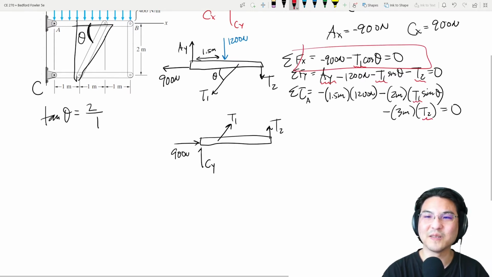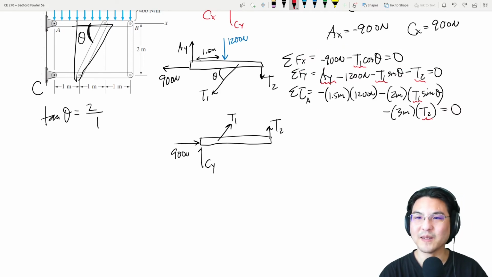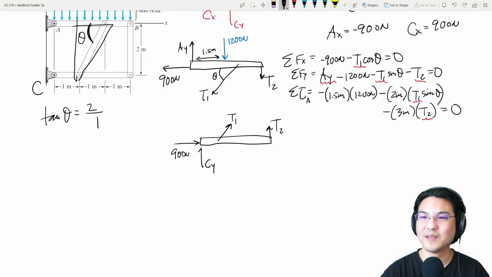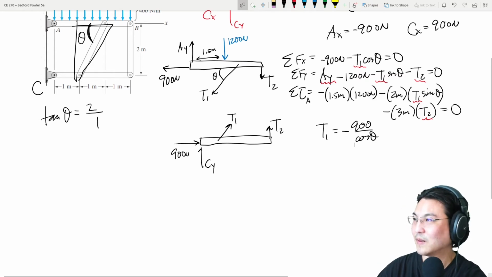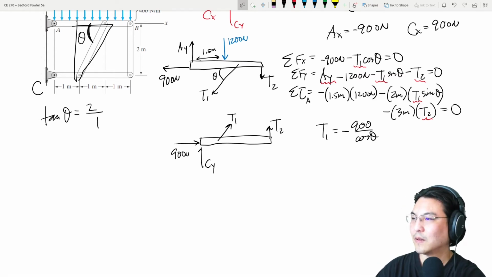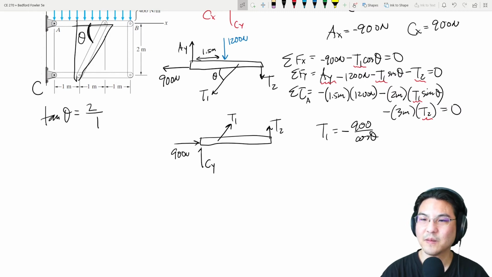So T1 is minus 900 over cosine theta. Let me just punch that in the calculator. Okay, so that's 2012.